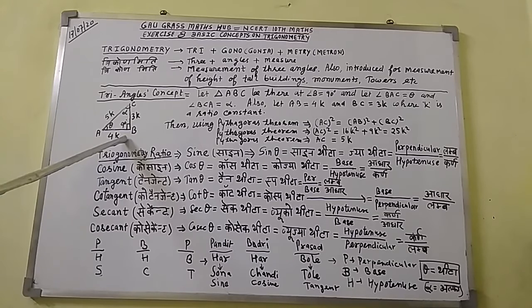Here AB is the opposite side of angle alpha or angle C. That's why AB will be known as perpendicular. And with respect to angle alpha, BC is the adjacent side. It is known as base of the right angle triangle with respect to angle alpha. And AC will be hypotenuse in all cases because AC is the opposite side of angle B, 90 degree.